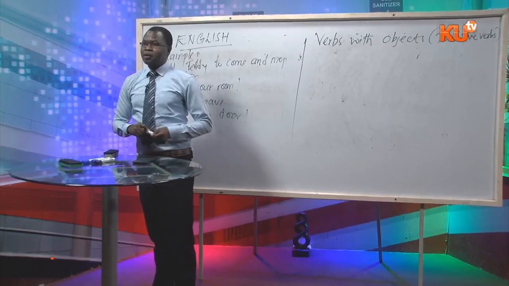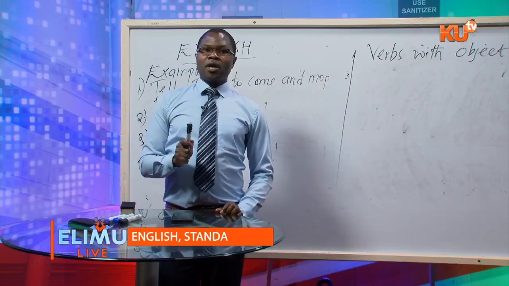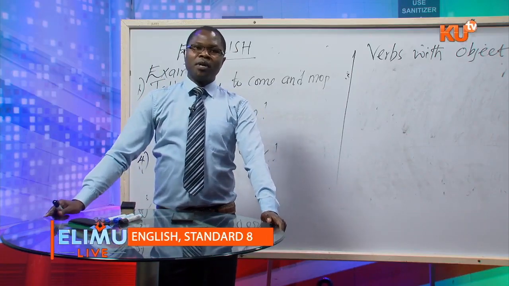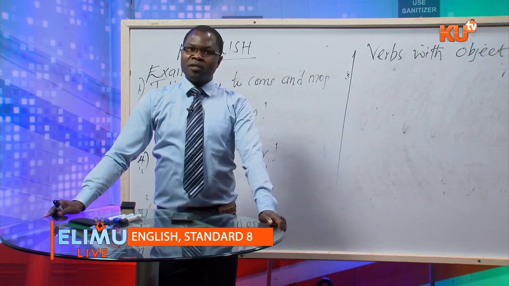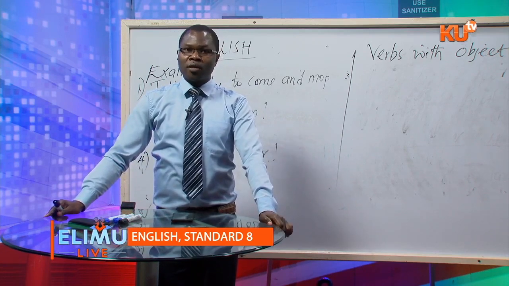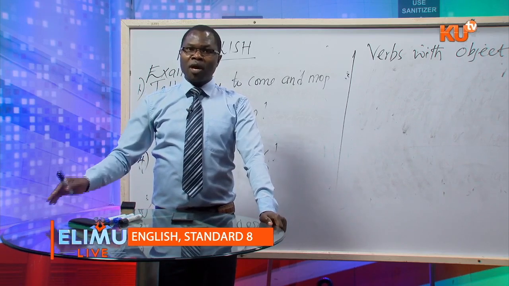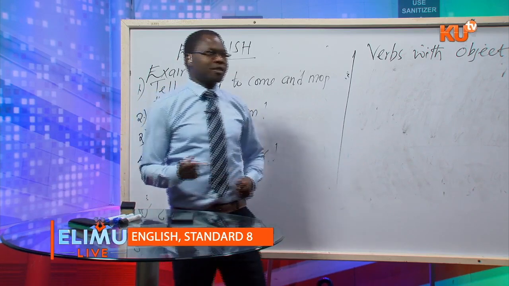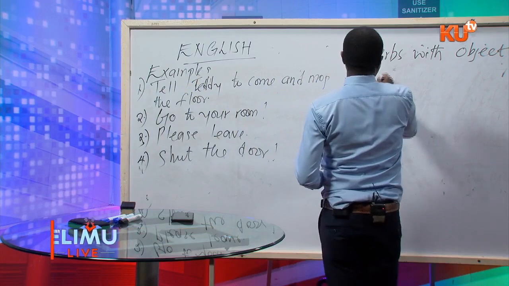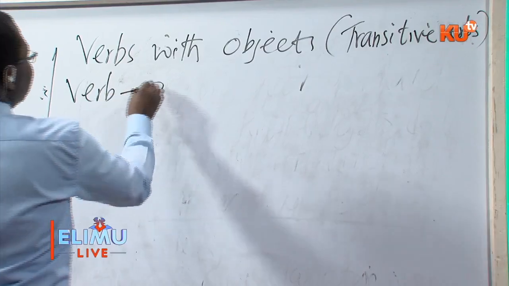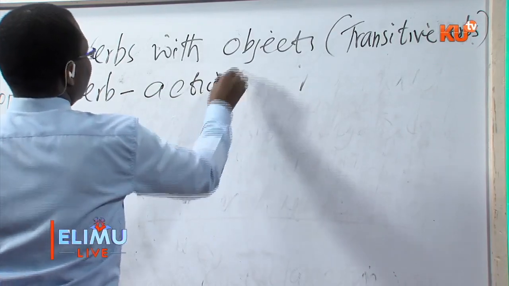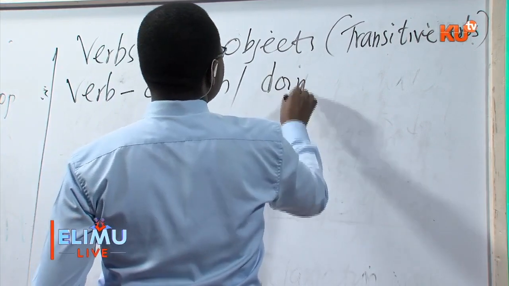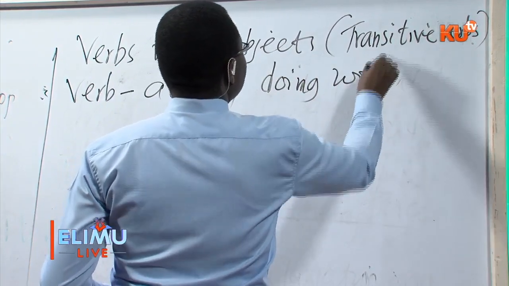Verbs with objects. Now, the basic definition of a verb is an action or a doing word. For example, jump, an action word. Skip, cry, shout. Those are examples of verbs. So again, a verb is an action or doing word.